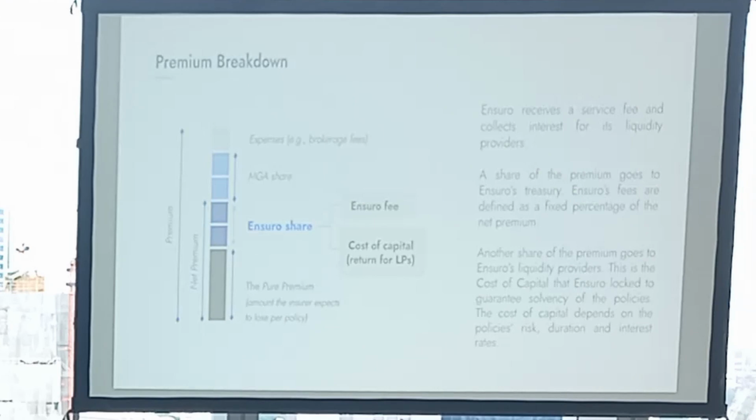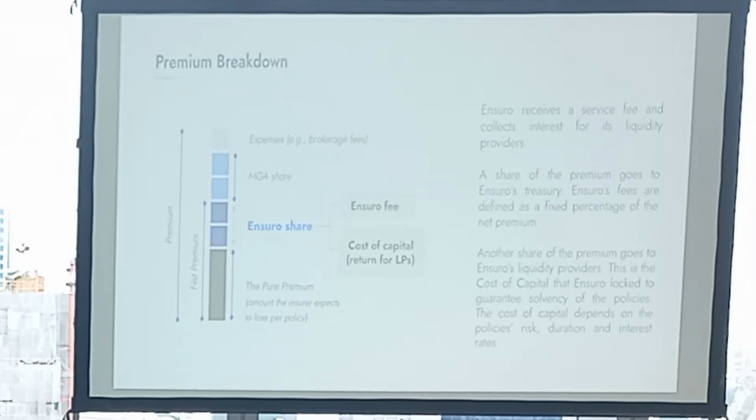Our protocol supports receiving that premium and then sending it to the partner address, but in most cases the partner takes that premium up front. So they don't send it to us, and in our protocol on-chain, you will only see the net premium, right? Because it depends on the use case.